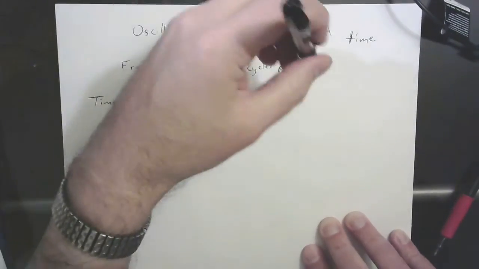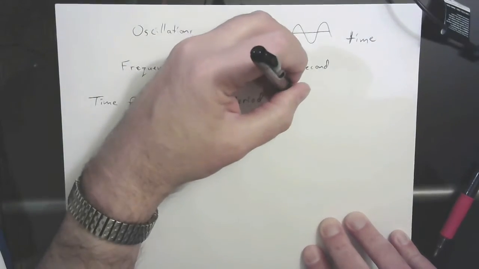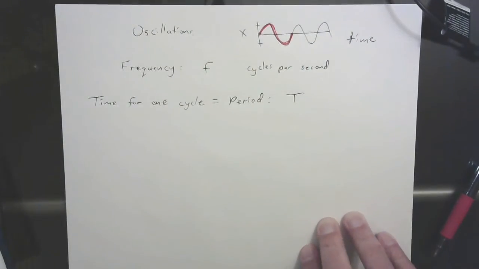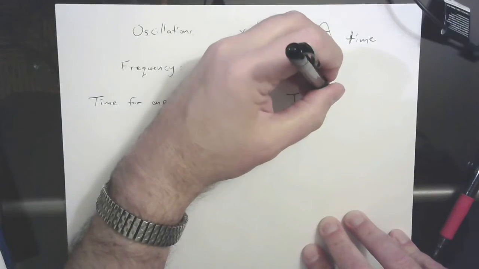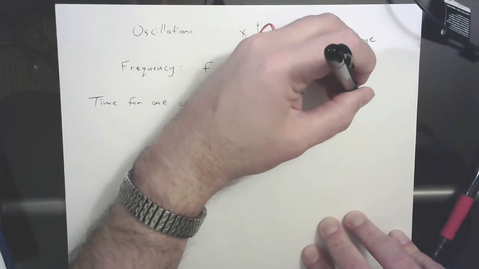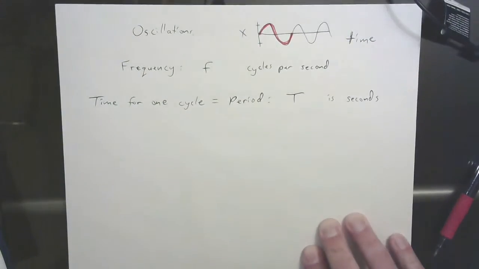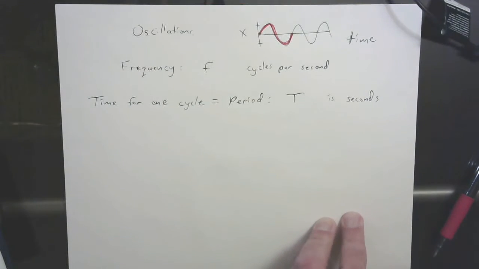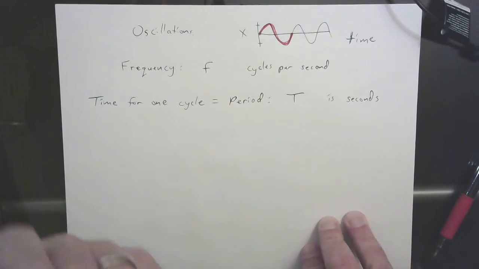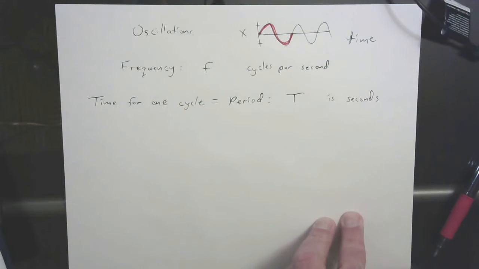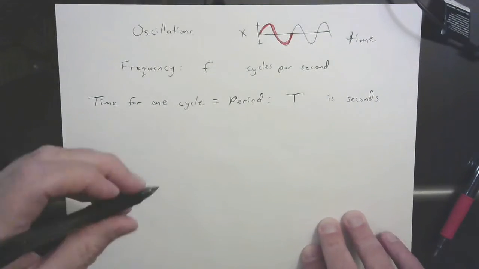Okay, and we'll use the letter capital T for this textbook anyway, and that's in time units. So that's in units of seconds. So how long did that cycle take? That's the time, or the period. And then how many times did that happen per second is the frequency.